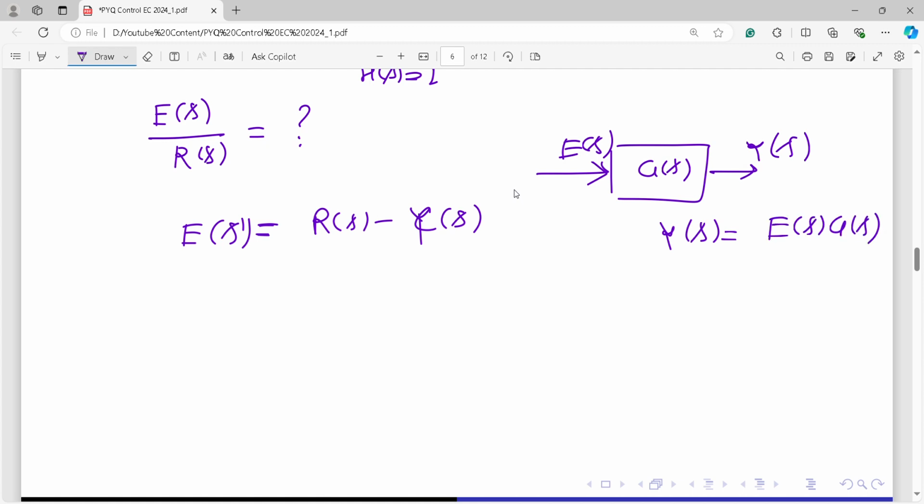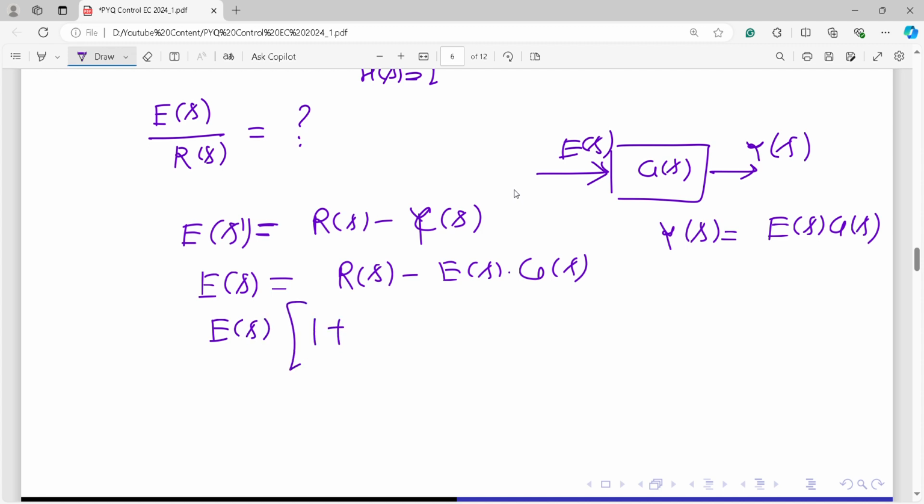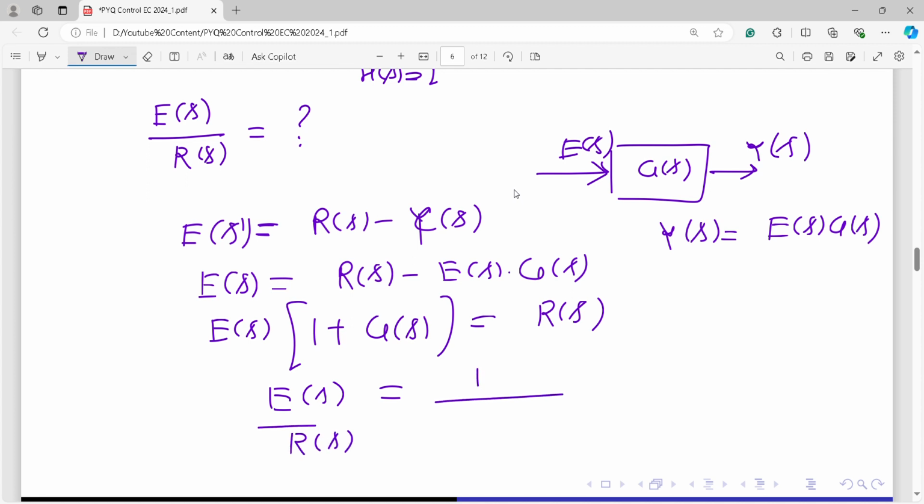All right, so finally we can get our transfer function E(s) by R(s) equal to 1 by 1 plus G(s). Since H(s) is not there, that's why we put here 1 by 1 plus G. Otherwise, if H(s), the feedback transfer function, is there, then we can say 1 by 1 plus G(s) into H(s).